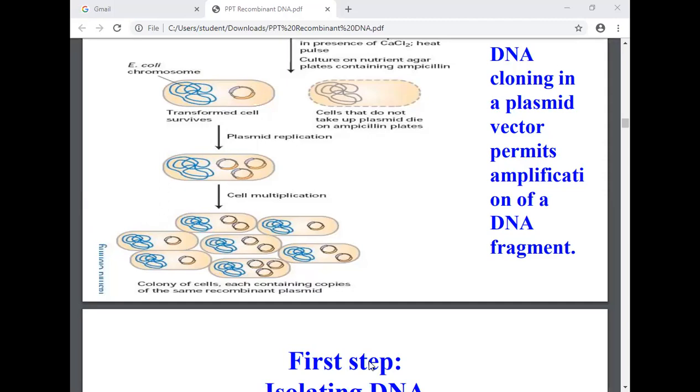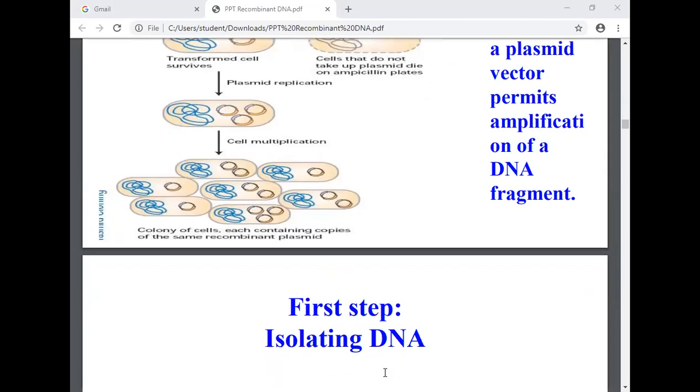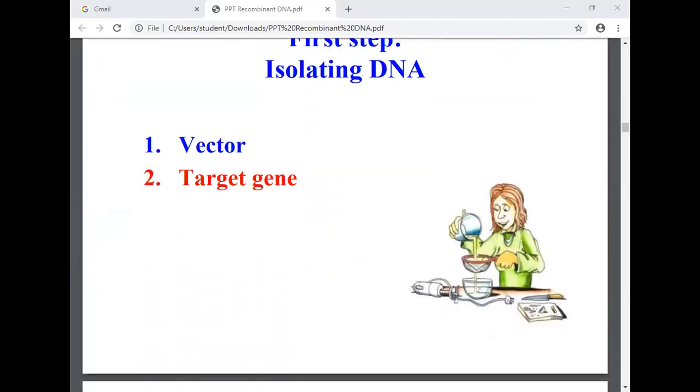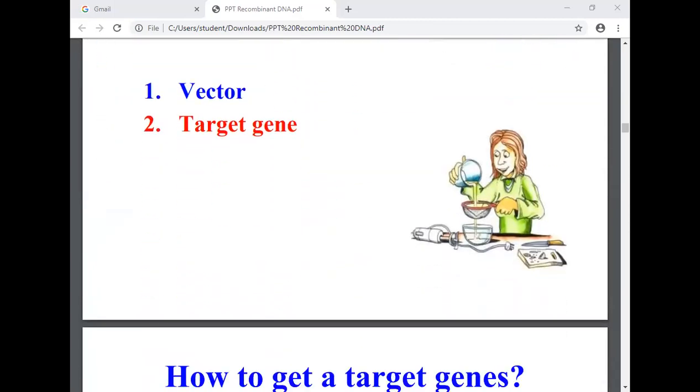It colors them, and you will see that in the slide. So actually the plasmid or vector permits amplification of a DNA fragment, right? Amplification means that it allows them to replicate using the machinery of the host cell.